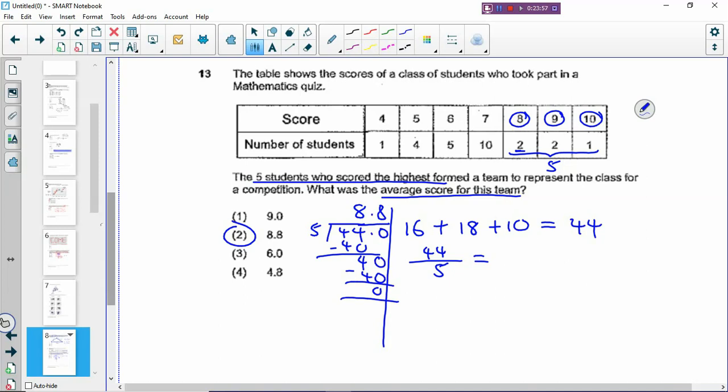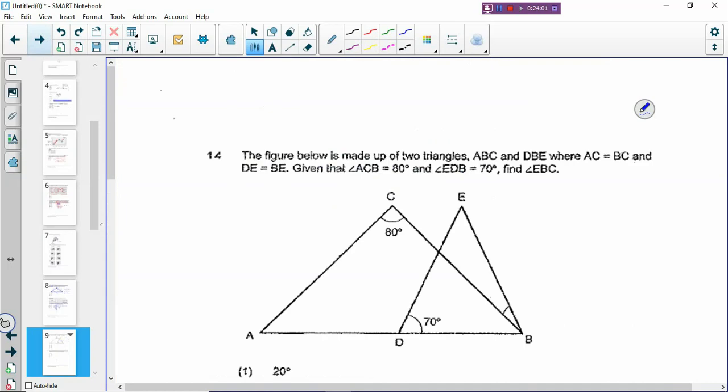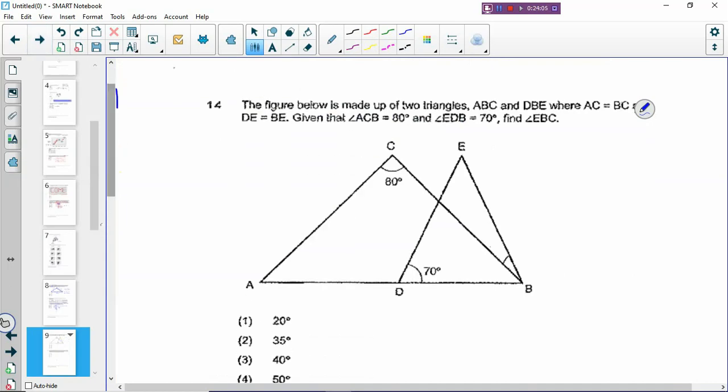Okay, let's go to number 14. The figure is made of 2 triangles, ABC and DBE, where AC is equal to BC. Now, when you do angle problems, you don't work out the steps immediately. You need to do some things first. For example, you need to indicate that AC is equal to BC.